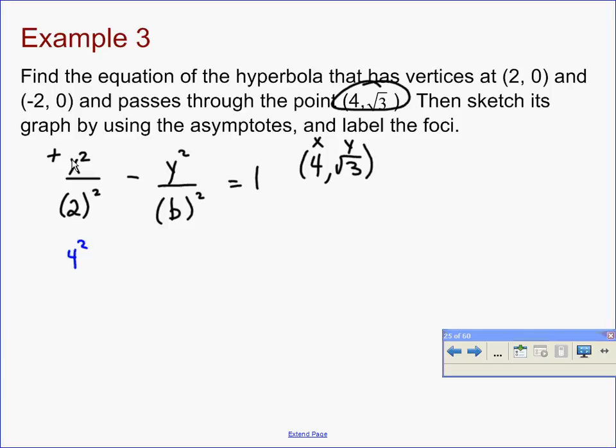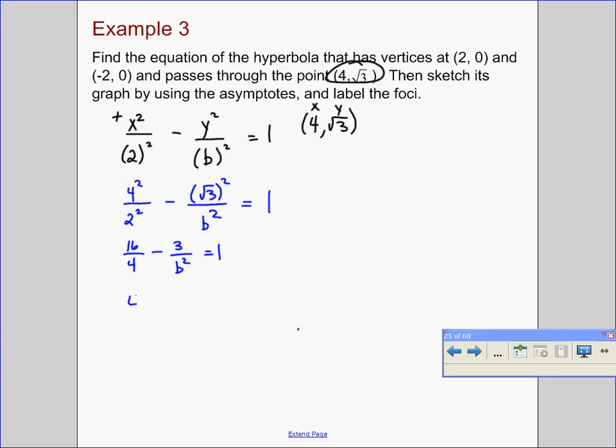So I've got 4 squared over 2 squared minus root 3 squared over b squared is equal to 1. 4 squared over 2 squared is going to give me 16 over 4, minus root 3 squared is going to give me 3 over b squared, equals 1. And so I end up with 4 minus 3 over b squared equals 1.